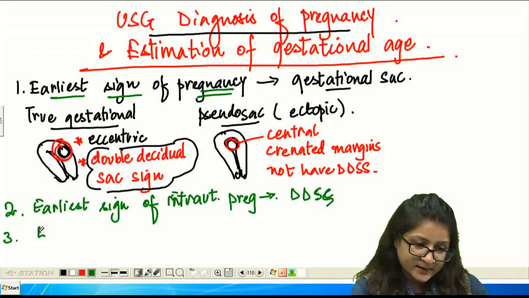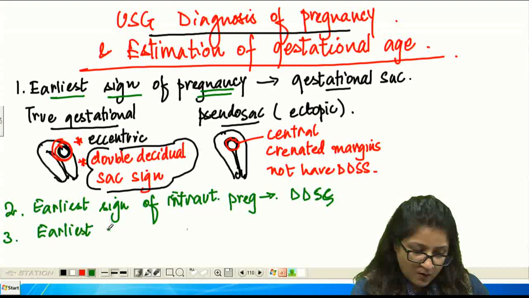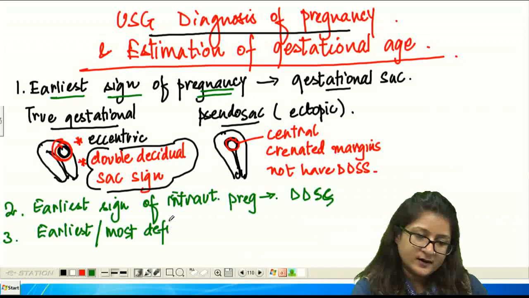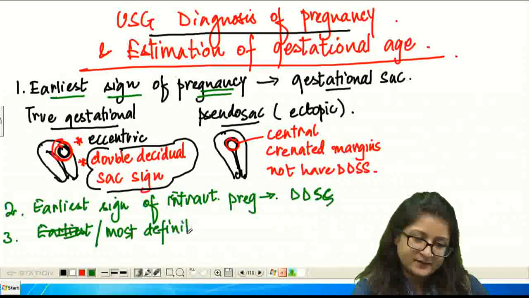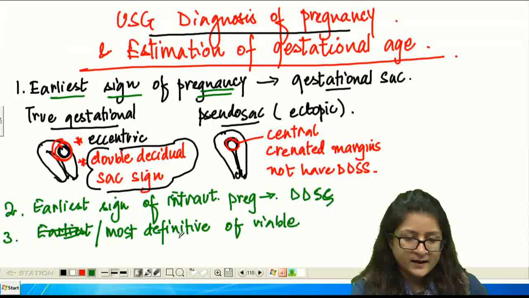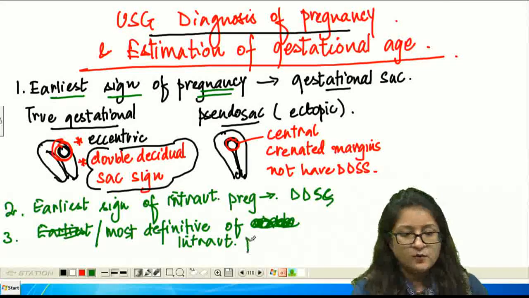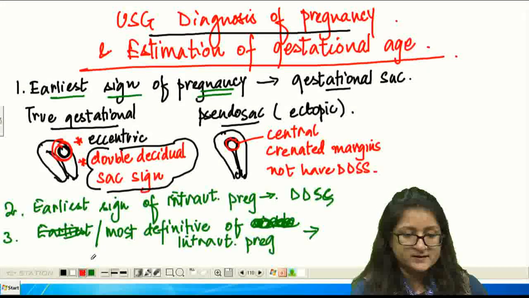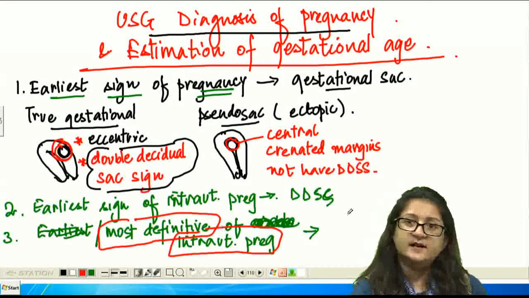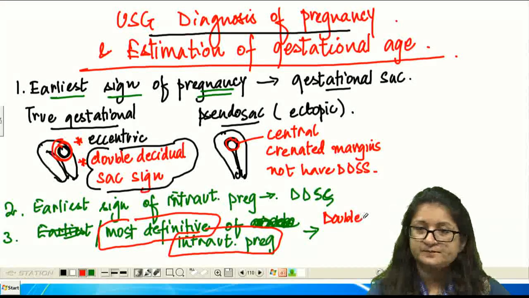But if they ask you what is the most definitive sign of intrauterine pregnancy, then the answer is the double bleb sign.